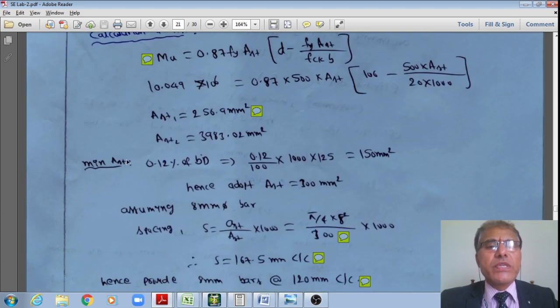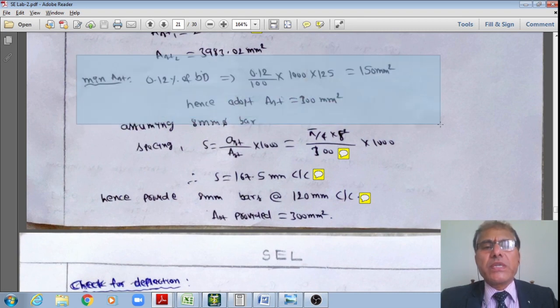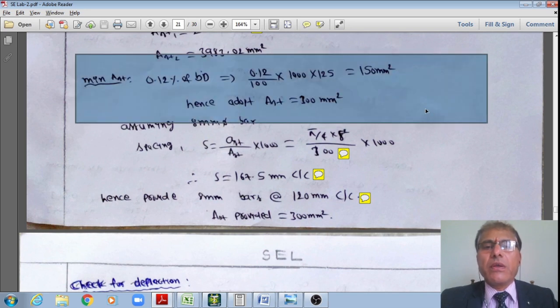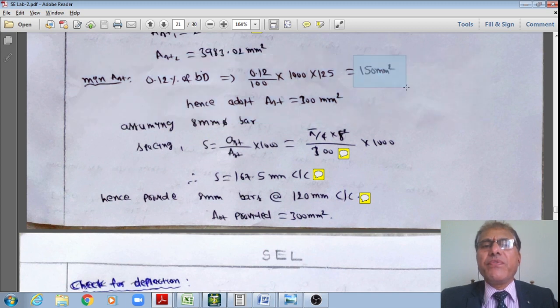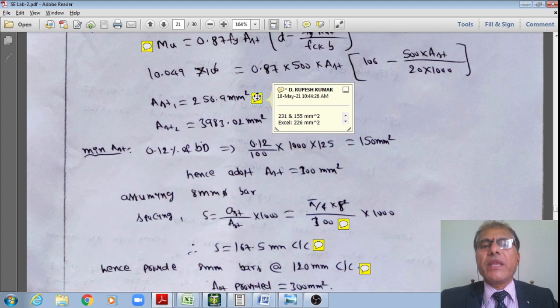However, I need to check this using the codal specification. The minimum steel in the slabs should be 0.12% of the gross cross-sectional area, if it is Fe 500 HYSD bars. Therefore, I have HYSD of Fe 500 grade steel. Therefore, 0.12 percent multiplied by gross cross-sectional area, 1000 multiplied by 125, works out to 150 mm square. But what I got from the flexure point of view is 231 in the short span direction as well as 155 in the long span direction.